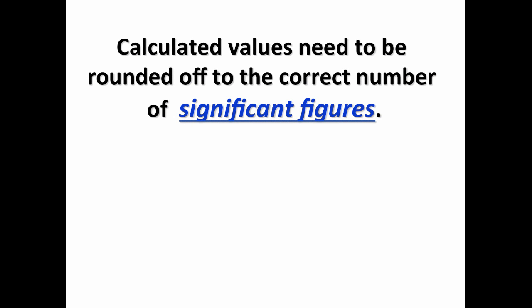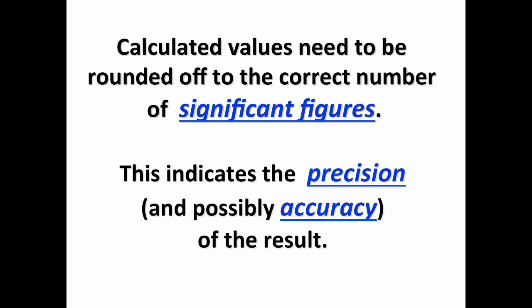Okay, now, what if we have to do some calculations with some measured values? Well, we always have to round off our calculated value to the correct number of significant figures. And that's going to indicate the precision and maybe the accuracy of your overall result that came about from some measurements.